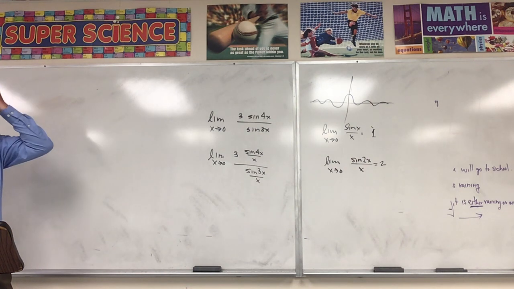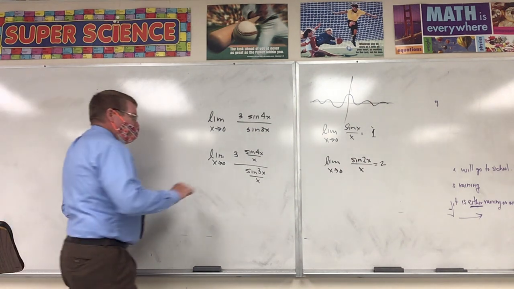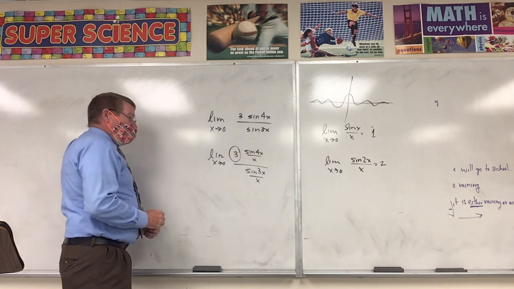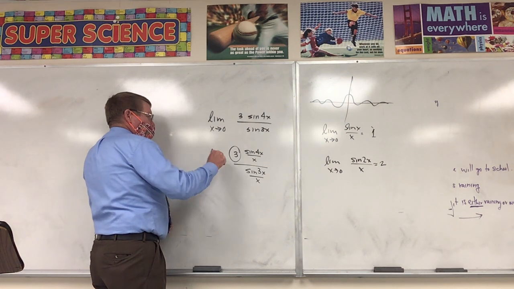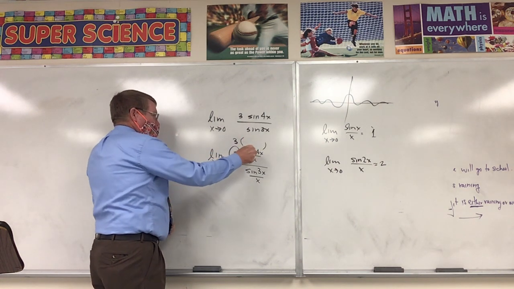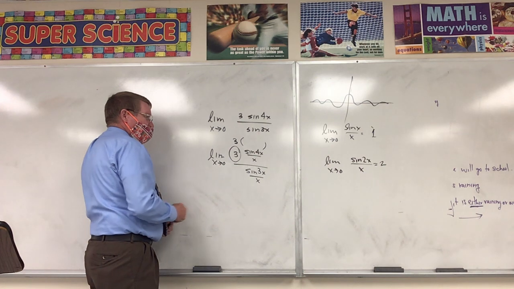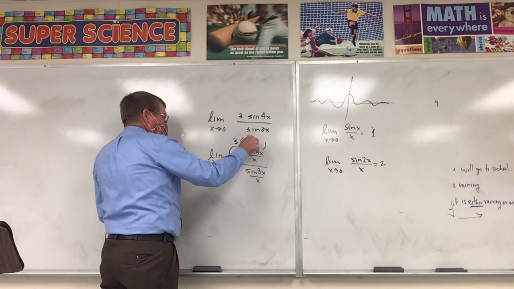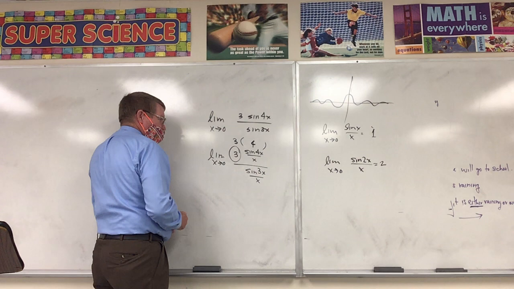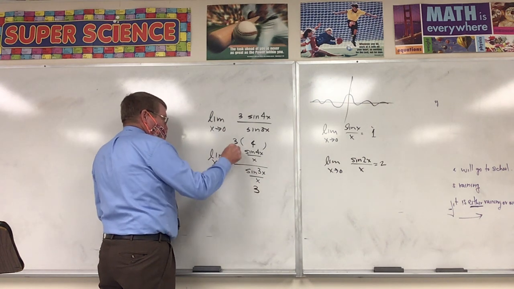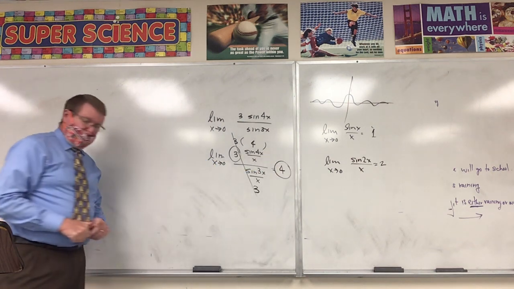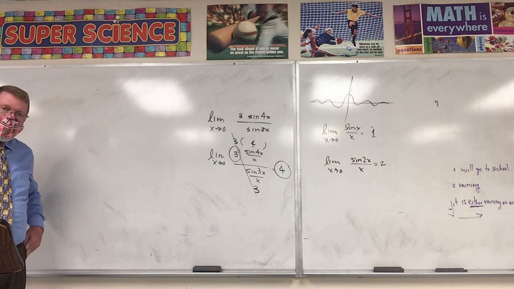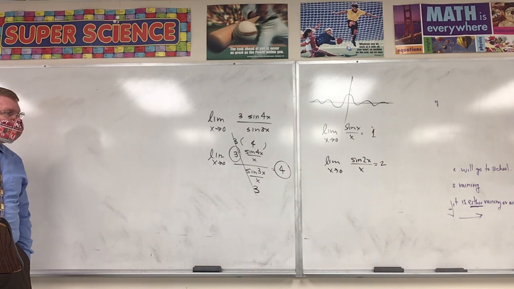I'll multiply the top and the bottom by 1 over x. The limit of 3 is 3. The limit of sine 4x over x is 4. And the limit of sine 3x over x is 3. What happens to the 3's? So my limit is 4. That was for number 28.